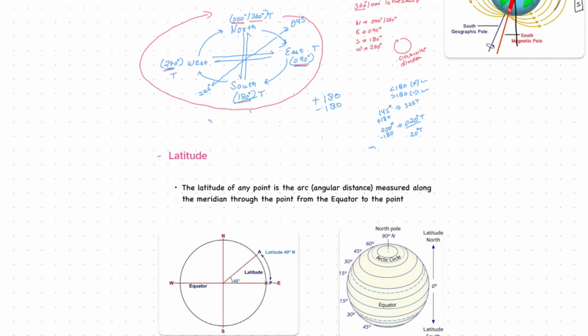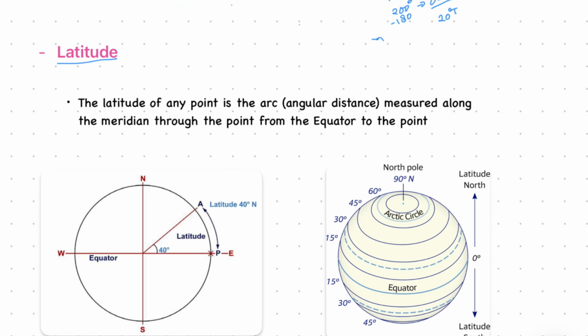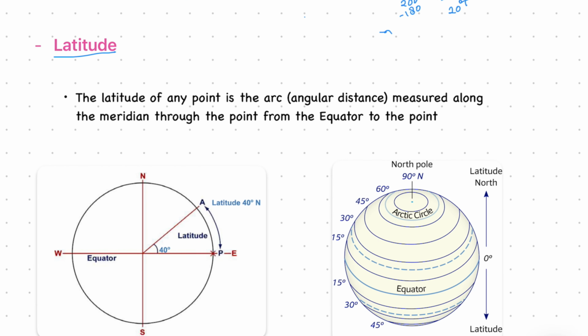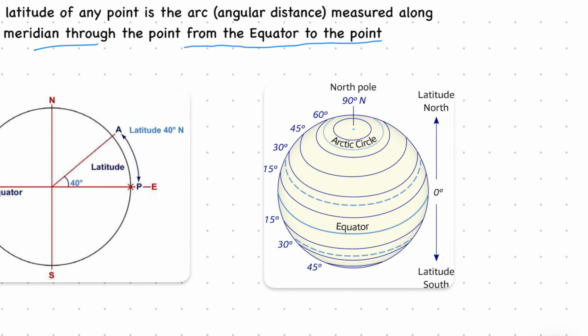Now we're gonna come on latitude. The latitude of any point is the arc, angular distance measured along the meridian through the point from the equator to the point. It sounds much more complex, but it is very simple. You just understand it like this. All the horizontal lines plotted on our Earth are latitudes, okay?